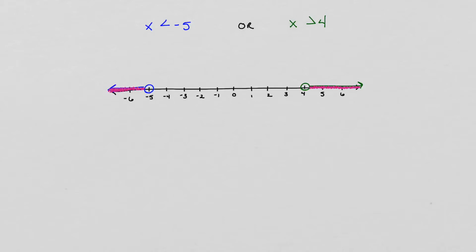So when it comes to writing out our interval notation, I'm going to say it goes from -infinity to -5, and I'm going to close that because what I want you to note here is that you have a dead zone. There is no shading here, so we don't want to include any of these values.